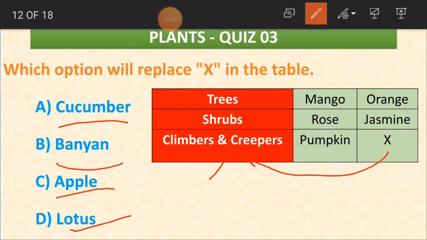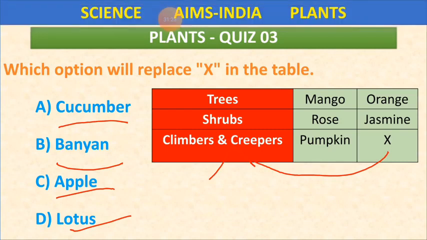Which plant will come? Any guesses, children? Can lotus be a creeper or climber? Where does lotus grow? It grows in water. So it is not a climber or a creeper. Okay. Apple is a tree. No, it's not a climber again. Banyan, that is also a big tree.